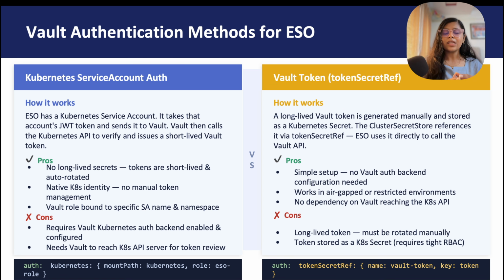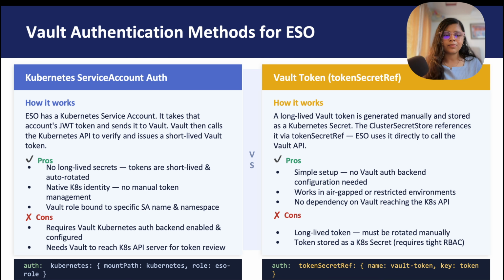Okay. So we have got a long-lived token, and this token is stored inside of the Kubernetes secrets, and with the help of that token we are going to authenticate with the vault. Simple. In case of service account auth, we have a short-lived token and it uses JWT, whereas in case of vault token, it is a long-lived one and we make use of Kubernetes secrets to store it, and then the same one will be used to authenticate to the vault.